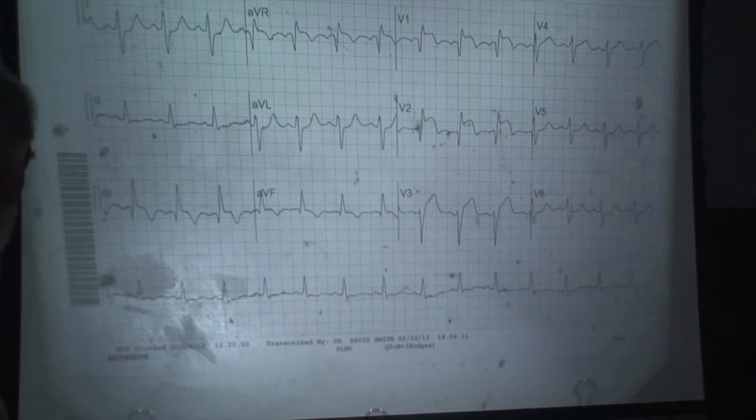There's several abnormalities here. Where do we want to start? Sinus rhythm, rate 95 or so. Acute injury pattern. Acute injury pattern where?